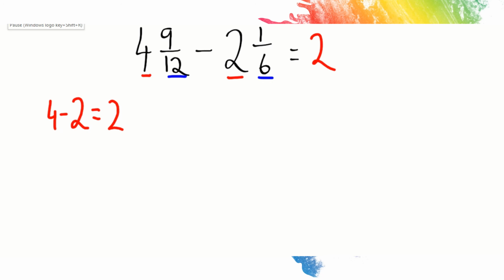We notice different denominators. Well, I know that 12 is going to be the common multiple because 6 is in the 12 times table, 12 is in the 6 times tables. I can leave this fraction the same.